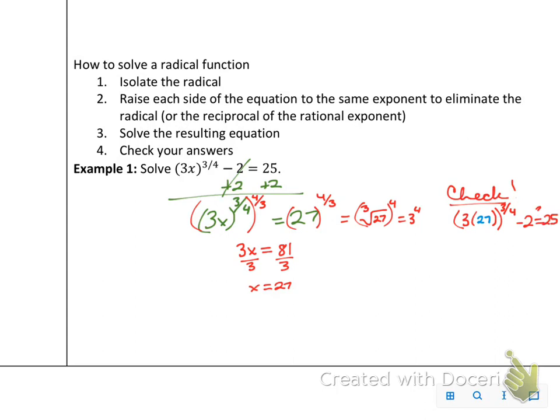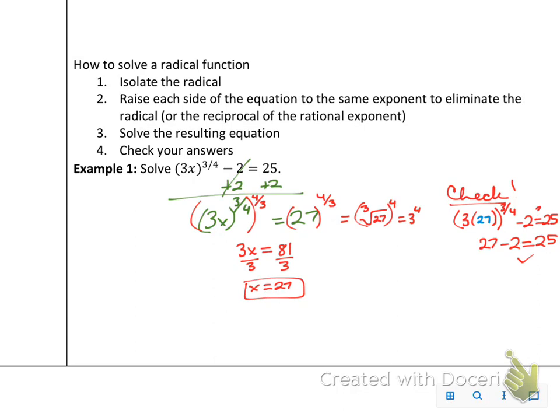Well, 27 times 3 is 81. 81 to the 3/4 means we're taking the 4th root of 81, which is 3, and raising it to the 3rd power, which is 27. And 27 minus 2 is actually 25. So that works, and that's our answer.